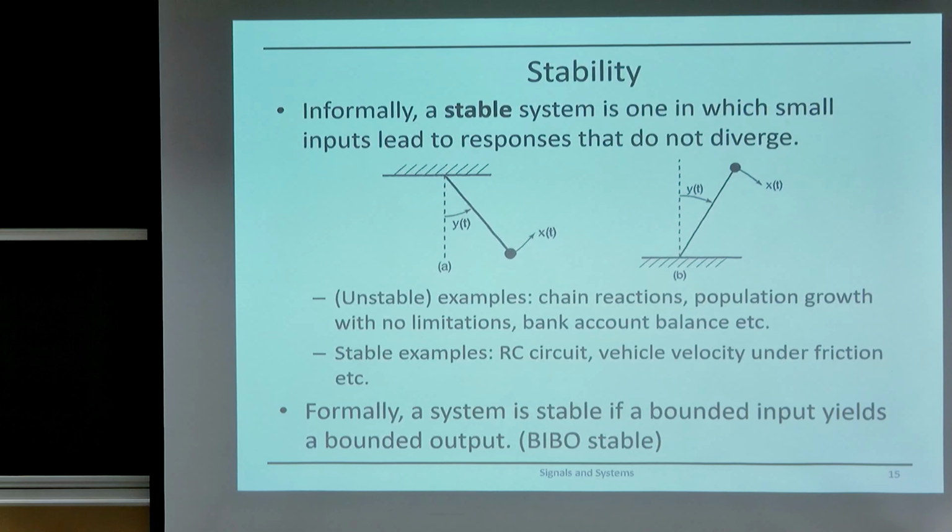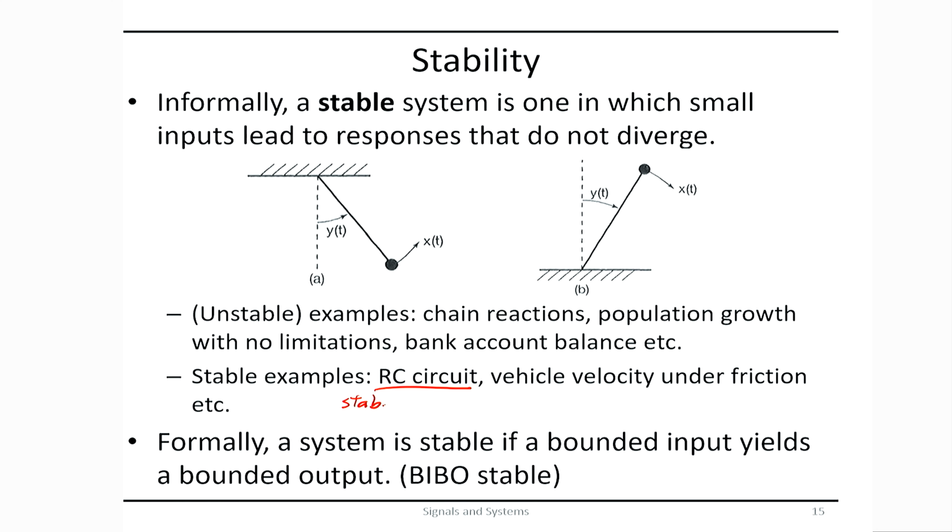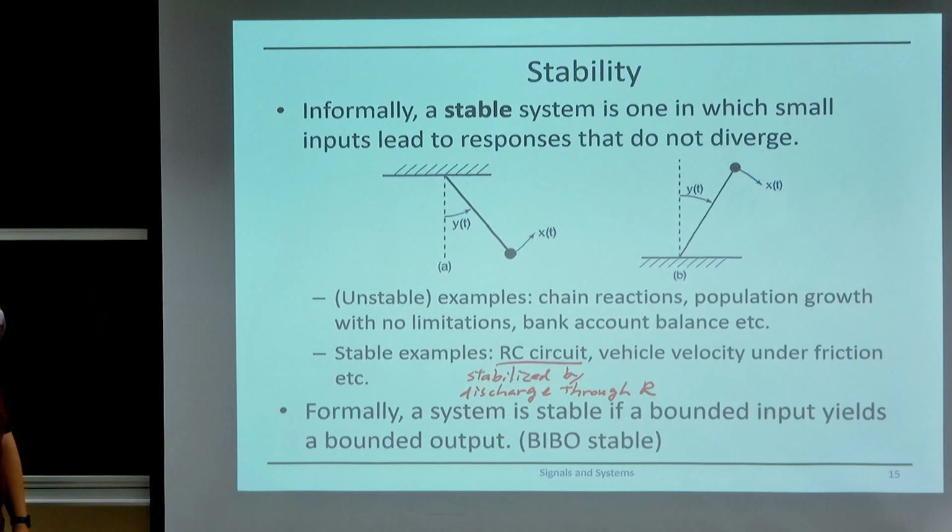So this system is stabilized by a discharge through the resistor R. And in example 1.9, when we look at the velocity of a vehicle under friction, we also see that it's stable due to this friction force that is pulling it back.